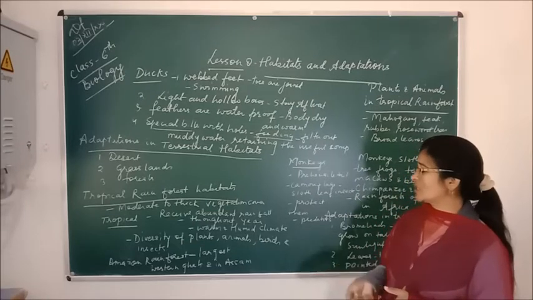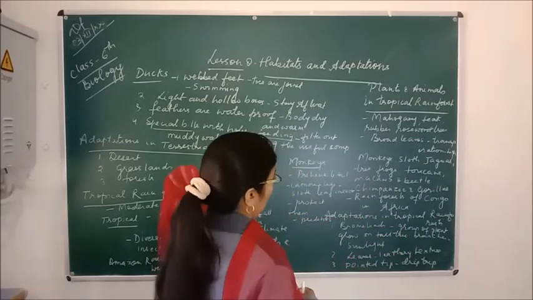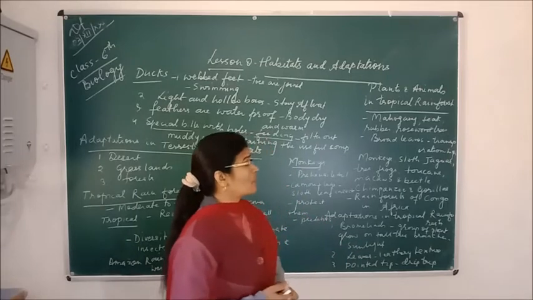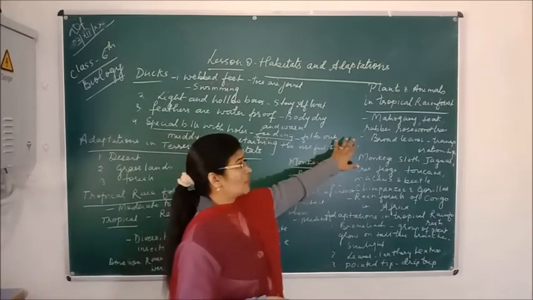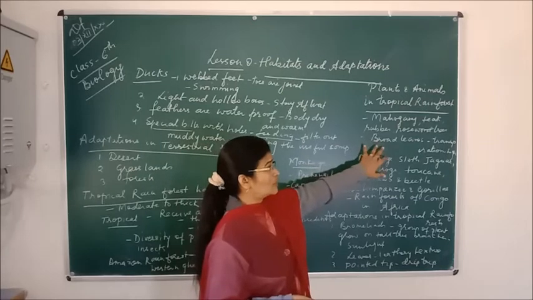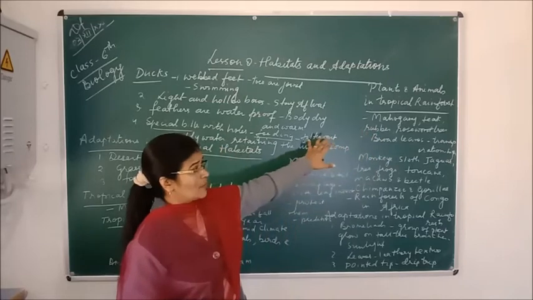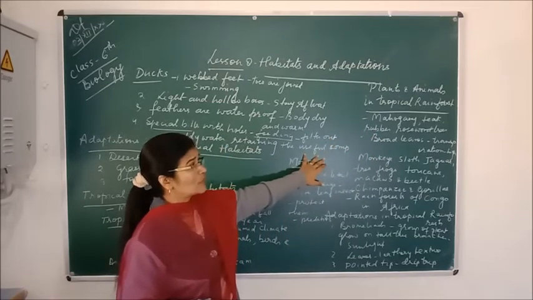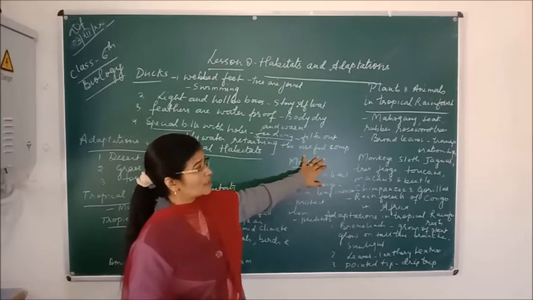Now, what types of plants are found in the tropical rainforest? Plants like mahogany, teak, rubber and rosewood trees are the examples, and they are abundant in the tropical rainforest.